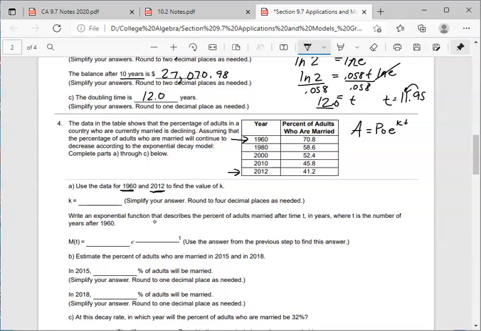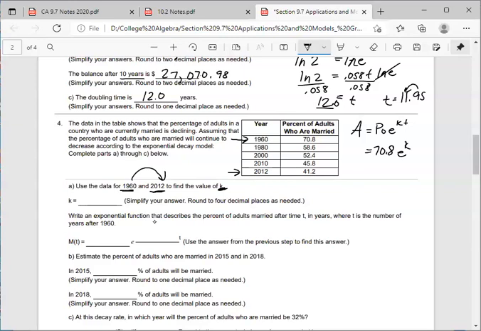So what's the percentage of married couples in the beginning of this table in 1960? 70.8. E, K, we don't know that. That's what we're looking for. They said find K. Well, we're supposed to use from 1960 to 2012.